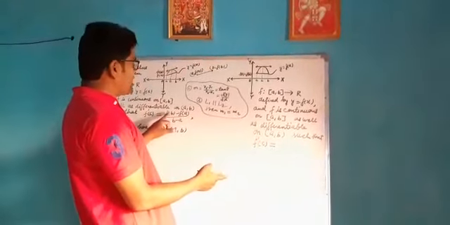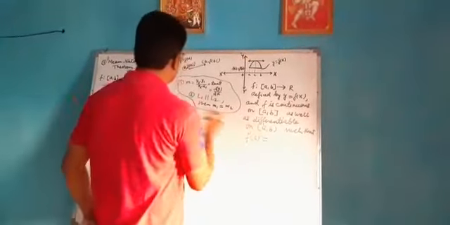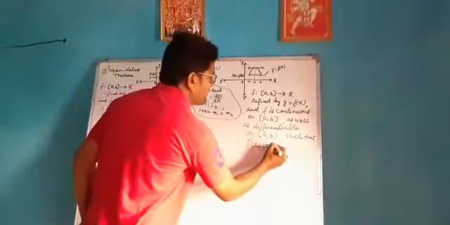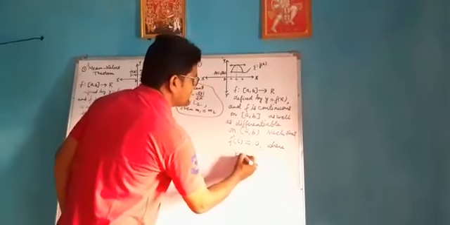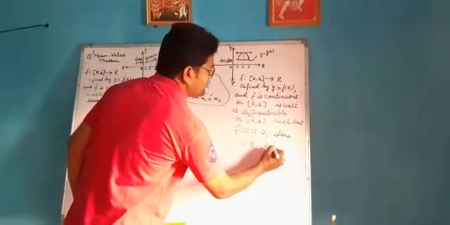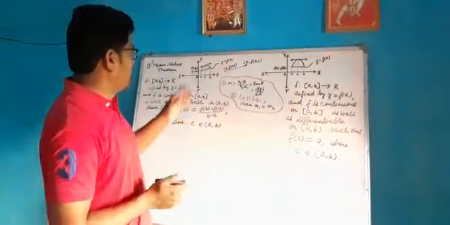So you can see f of b minus f of a, they are equal, so their difference will be 0. So it will be 0 by b minus a, which is 0. f dash c equal to 0, where c belongs to the open interval (a, b). So this is the statement for Rolle's theorem.